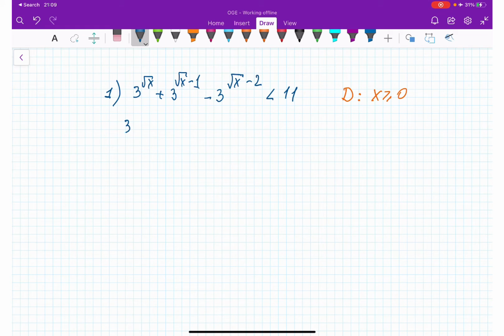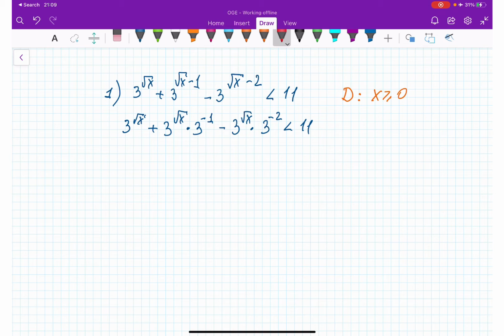So we have 3 to the square root of x plus 3 to the square root of x times 3 to the square root of negative 1, minus 3 to the square root of x times 3 to the square root of negative 2, less than 11.